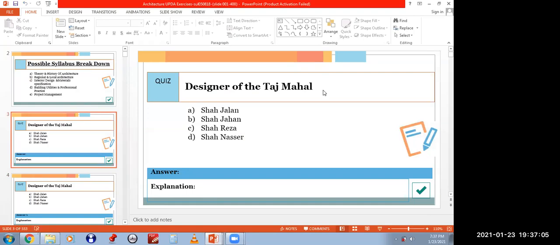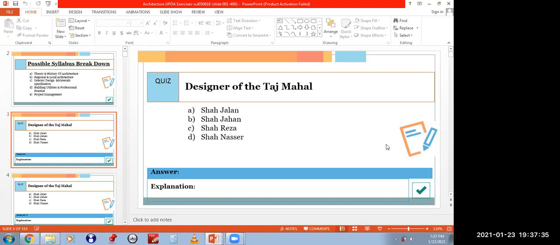Does anybody know where is the Taj Mahal? Agra, Delhi, India. It's in India. Okay. Does everybody know this? Yeah. So there was no named architect for the Taj Mahal, but it was funded by a king.